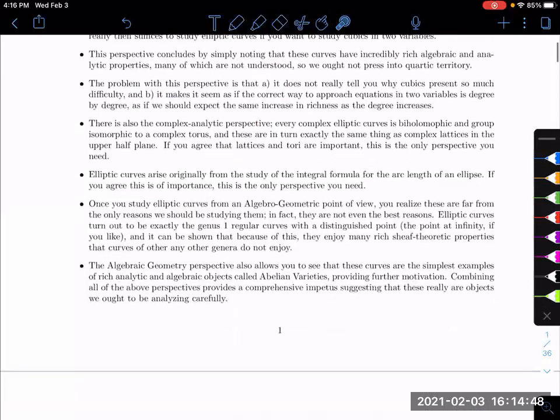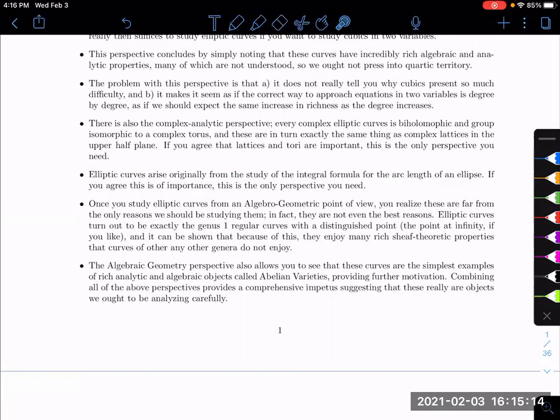But then, I'm going to try to keep this talk basically 100% algebraic geometry free, but I'm going to give you the algebraic geometry perspective on elliptic curves because it's probably the most useful and most powerful point of view. If you study elliptic curves as schemes, then what you realize is there really is something special going on here.